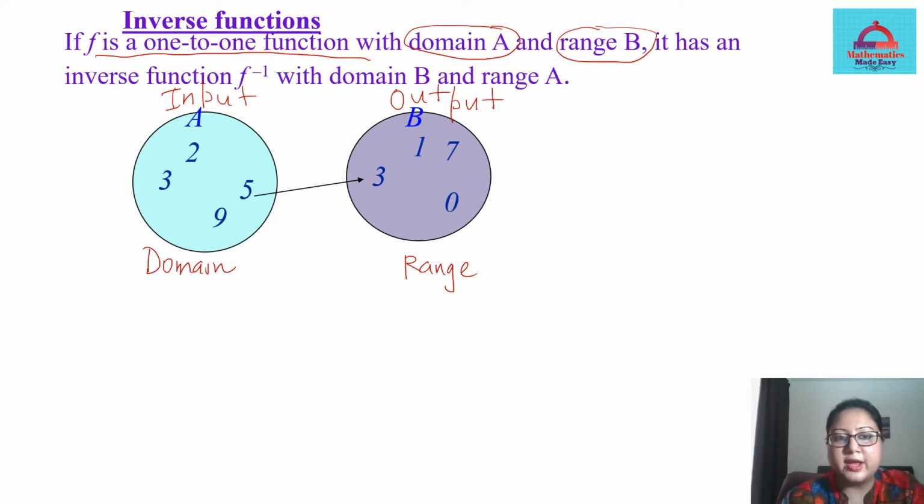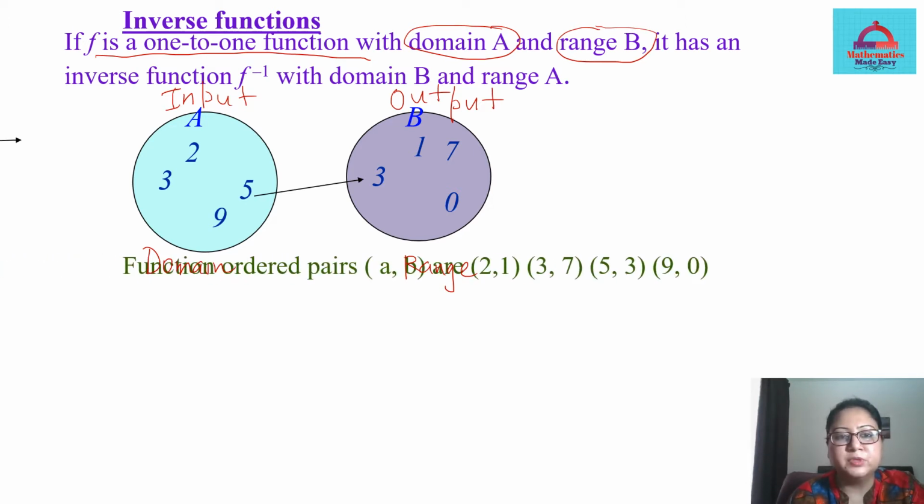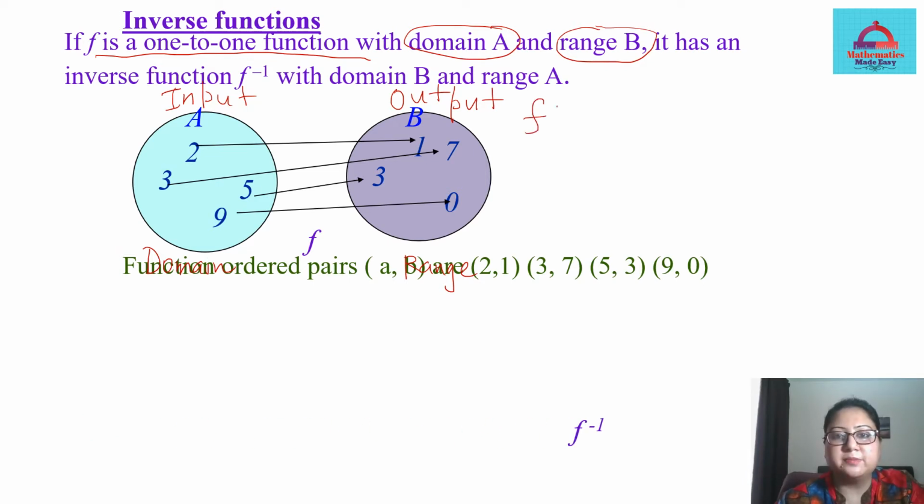Each element of set A is mapped to exactly one element of set B. I will show you how I'm defining this function. You can look at the arrows and very easily observe that my function f, which is defined from A to B, is defined in such a way that f of 2, the point 2 in the domain, is mapping to the point 1 in the range.